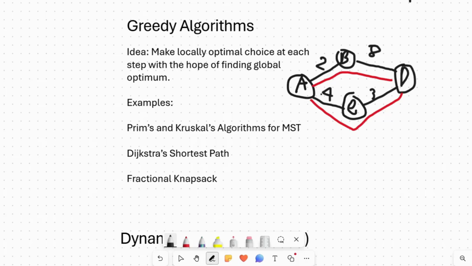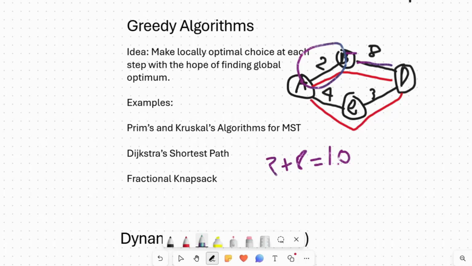So greedy algorithm instantly chooses this path, then it goes to B, then B to D. So basically the total costing, if we follow the greedy algorithm, is 2 plus 8, then total costing is 10. So that's how the greedy algorithm works.